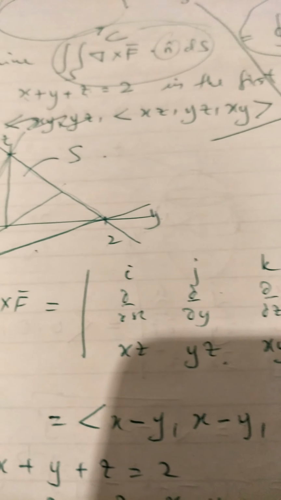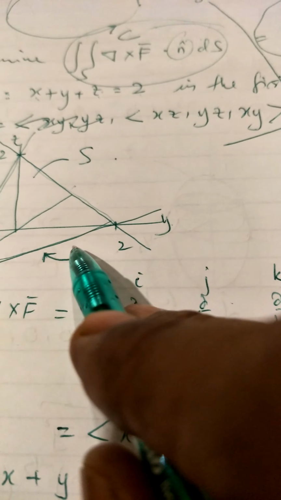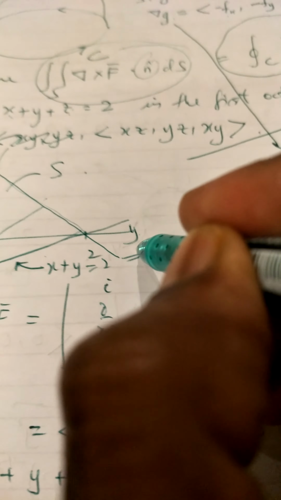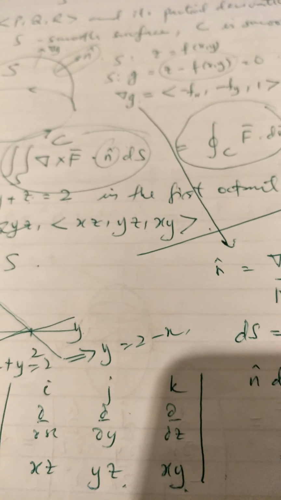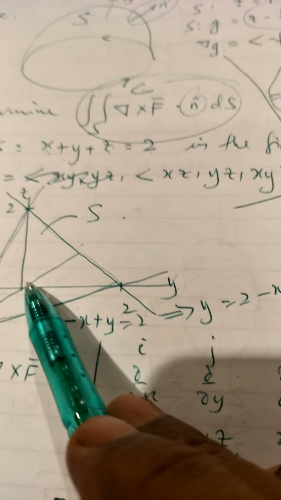This line is given as what? This is on the xy plane, so z is 0, which means x plus y equal to 2, so y equal to 2 minus x, and x from 0 to 2.